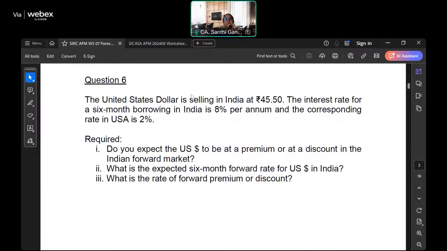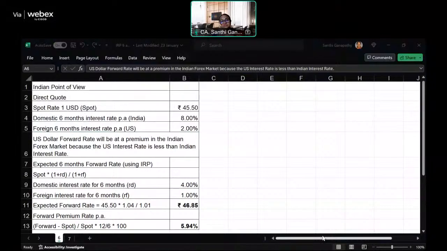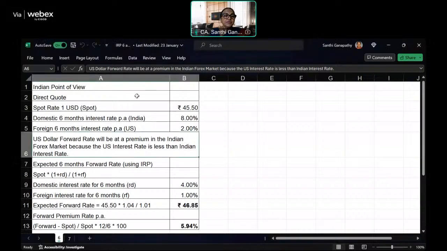Using the formula, we can find the expected forward rate. Now we are looking at it from the Indian point of view.